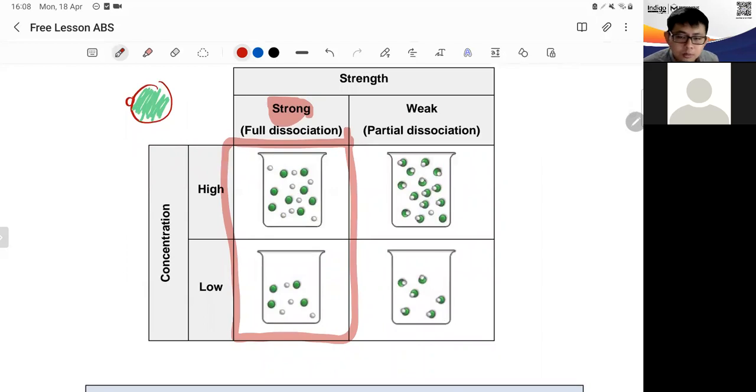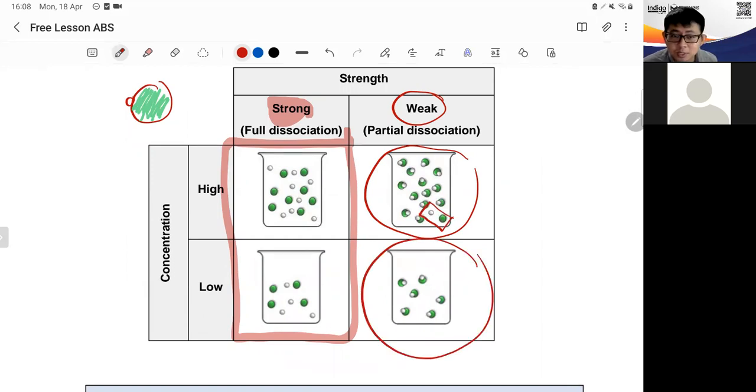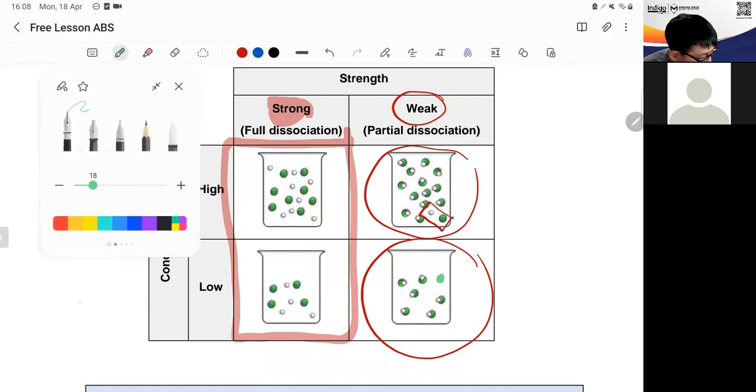Looking at the other side, for a weak acid, at whatever concentration, it will always be weak. It will always have partial dissociation. You look at the top one, maybe 10 or 11, only one comes out dissociated. This one may be even worse. Maybe you can't even see the dissociation. But if I want to be very specific about it, I should put a blue-green dot and then a white dot.